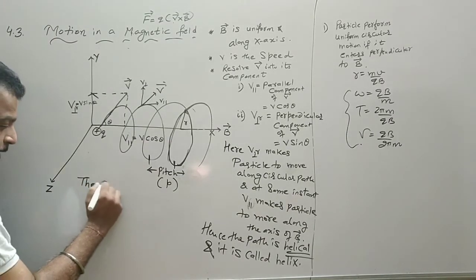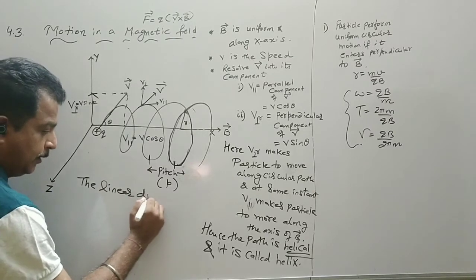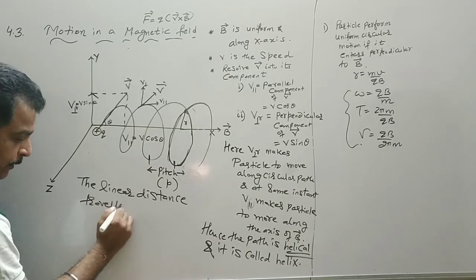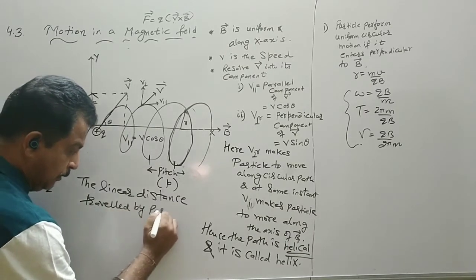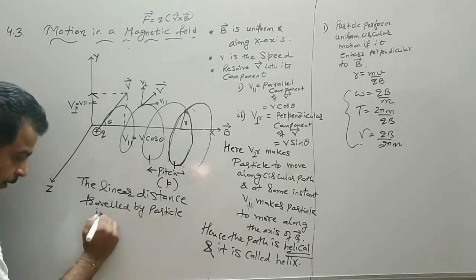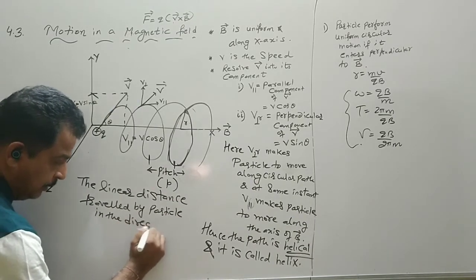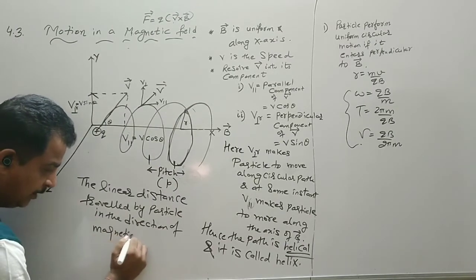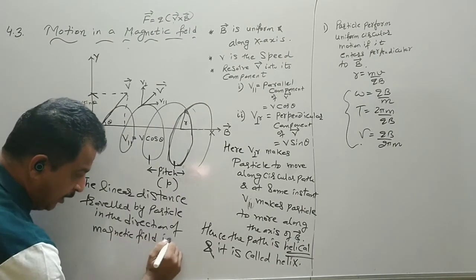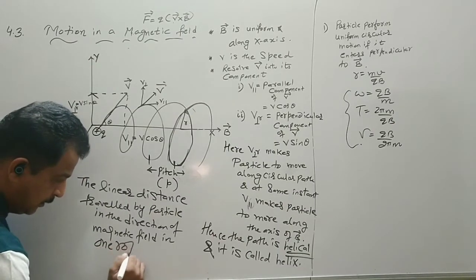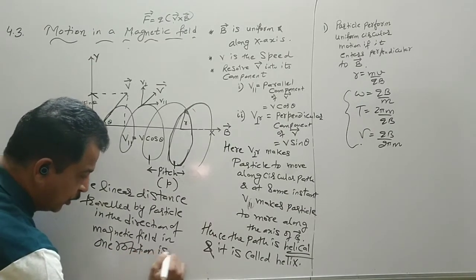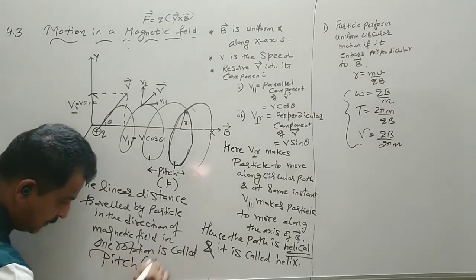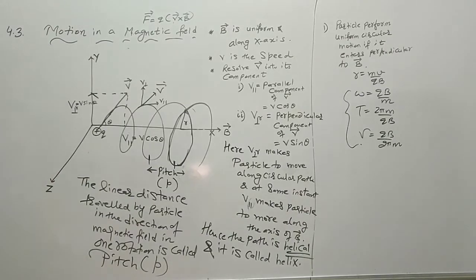So the linear distance traveled by a particle in the direction of the magnetic field in one rotation is called pitch, generally denoted by a small p.